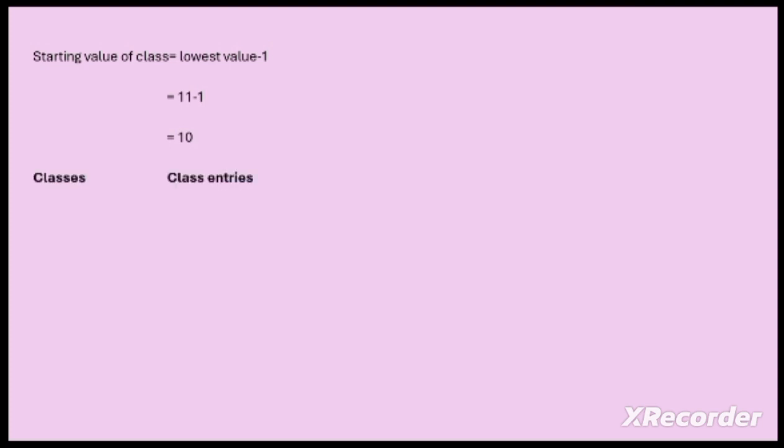Now see, the first column is of classes and the second column is of entries. My starting value is 10, as I have already told you how to find the starting value.